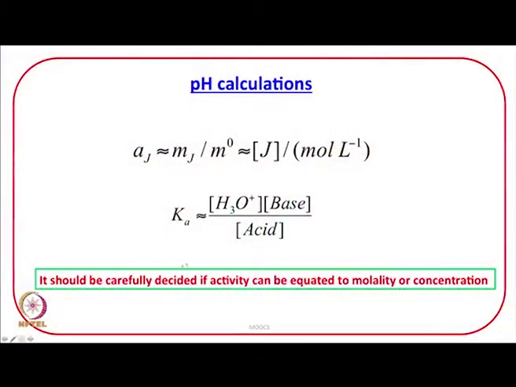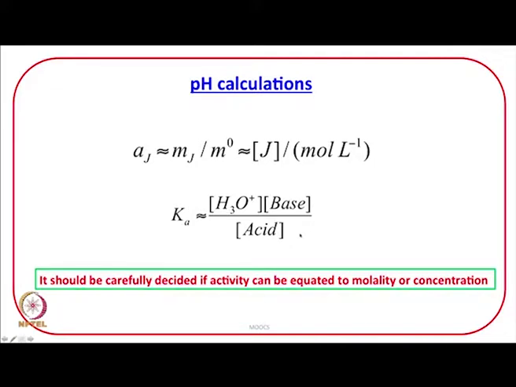And if we are sure that the solution is so dilute that we can treat the activity coefficient to be approximately 1, then we can make the assumption as seen in this slide, that is, we express the acidity constant in terms of the concentration.